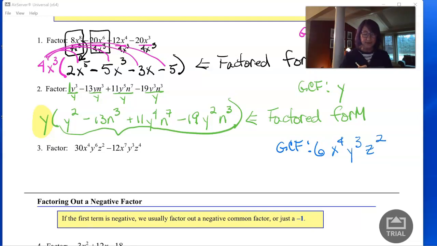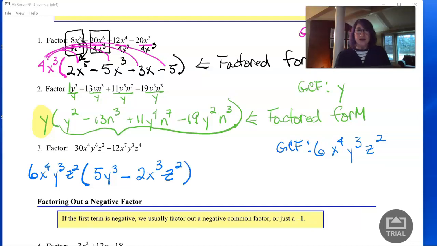So we put that out front. You always have your GCF out front, 6x to the fourth y cubed z squared. Inside of your parentheses, you will have 5y cubed minus 2x cubed z squared.